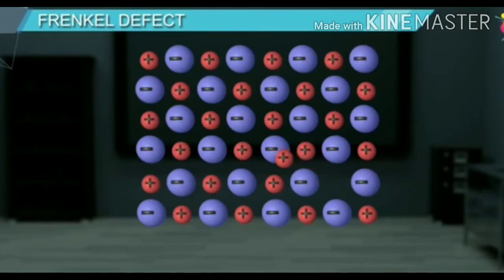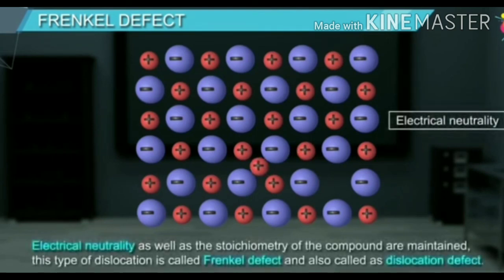The next defect is Frenkel defects. In these defects, the cations are smaller in size compared to anions, so they are dislocated from the original position and go to the interstitial position or vacant space. So this defect is known as Frenkel defect or otherwise known as dislocation defect.